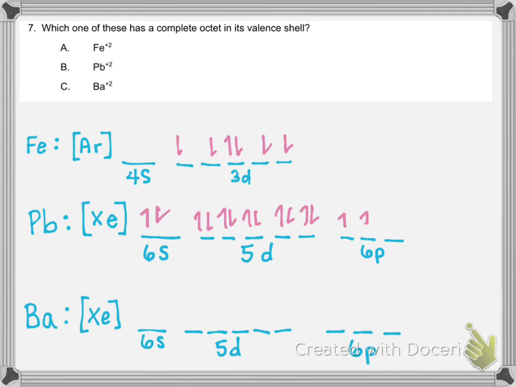So to make it +2, we want to remove from a subshell that has the biggest N value, so that's going to be 6. And then if we're looking at 2 possible subshells with the same principal quantum number, we take it from the higher energy subshell. So we're going to remove 6p electrons. So 1, 2.